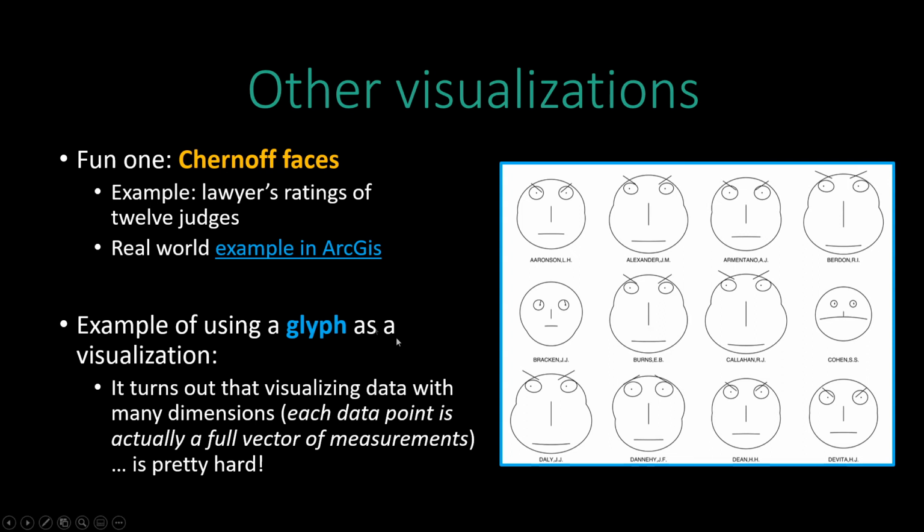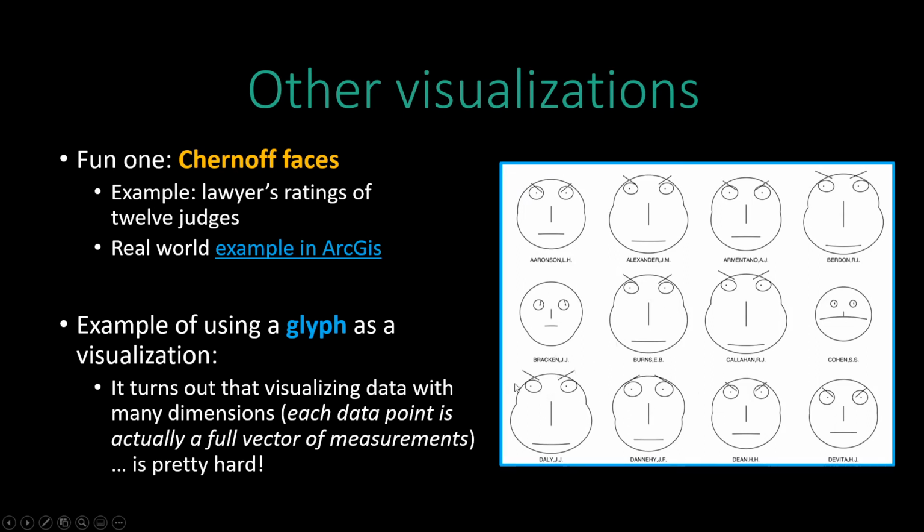And a glyph is a sort of compressed representation, which is something like this, where each of these parameters, each of these features that we can maybe understand, corresponds to a rating. So maybe how much frowning these faces are, or how sad they are.